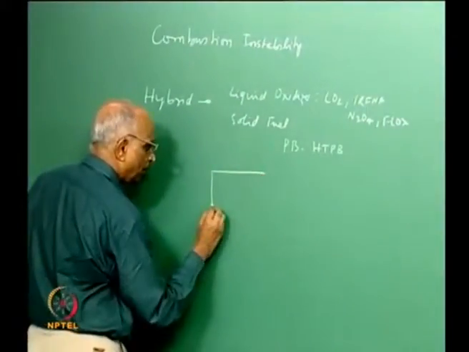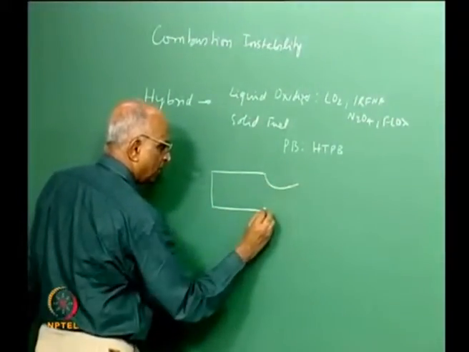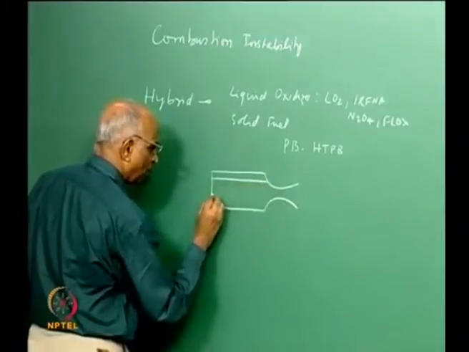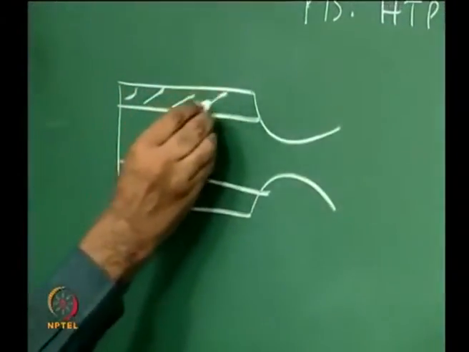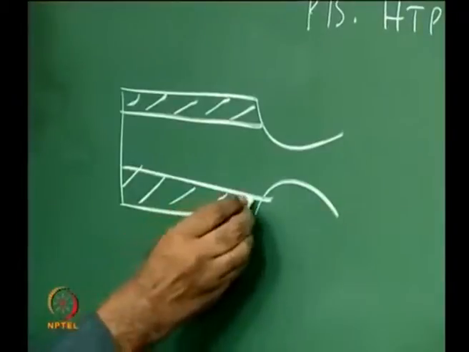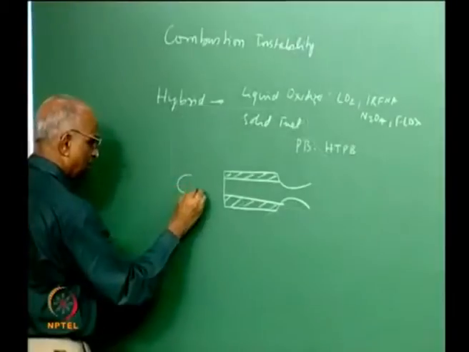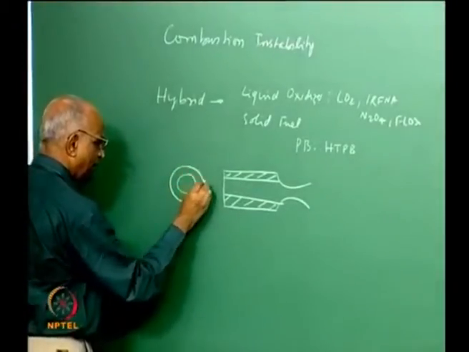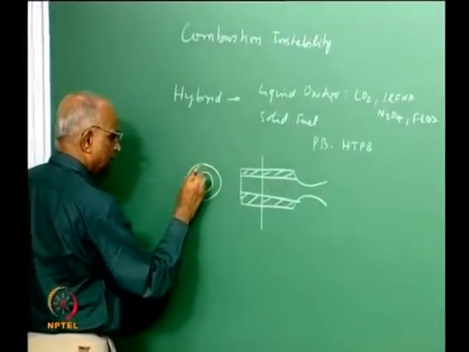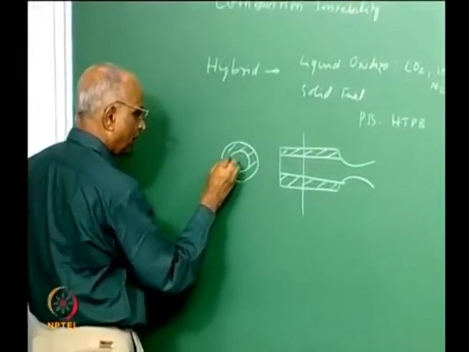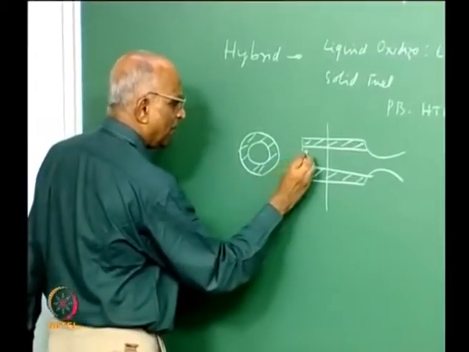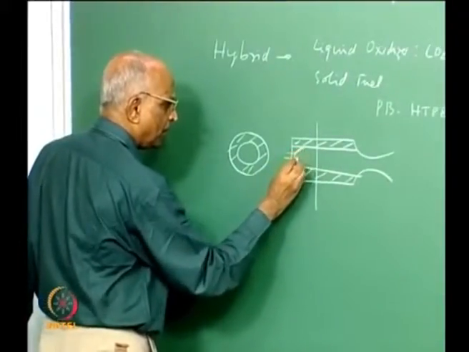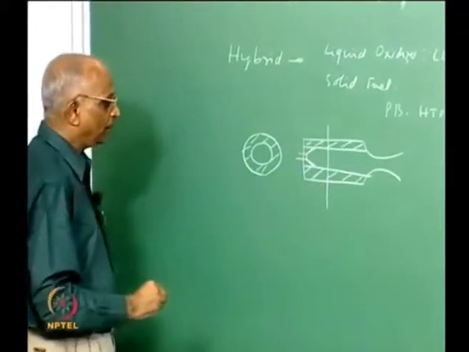You have a cylinder, a case, a nozzle, and the solid fuel kept over here, which could be any configuration. Let us take a star configuration or a circular configuration. I take a section over here, this is my solid fuel, and what I do is spray the liquid oxidizer onto the fuel.